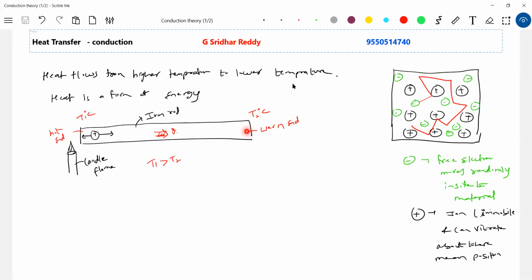I think one very good example you can do in your home, but be careful. LPG flame, all of you have an idea? This is an LPG flame.